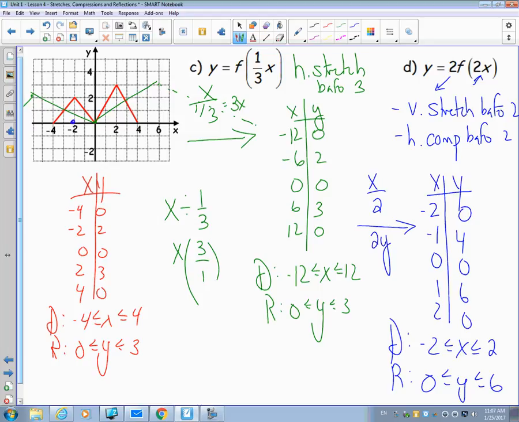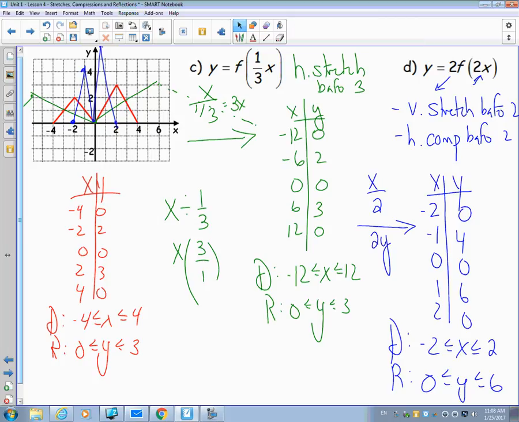So -2, 0, -1, 4, 0, 0, connect them. 1, 6, let's go off top of my graph up there, and 2, 0. And there's our vertical stretch, horizontal compression at the same time. Okay, if we asked about invariant points, the only one we would have would be 0, 0. Every other point is different from our original table.